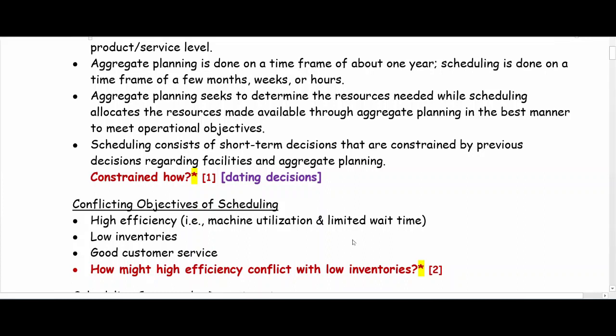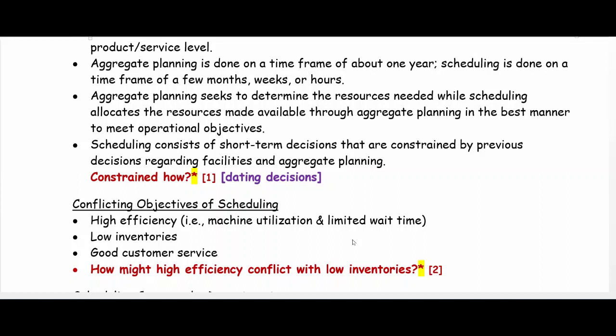Efficiencies. We talk about high efficiency in terms of making sure your machines are kept busy and things are not waiting. One of the questions I pose is, how might high efficiency conflict with low inventories?